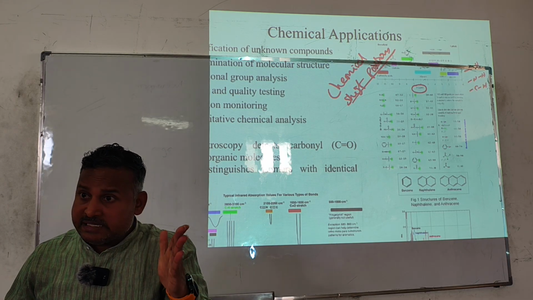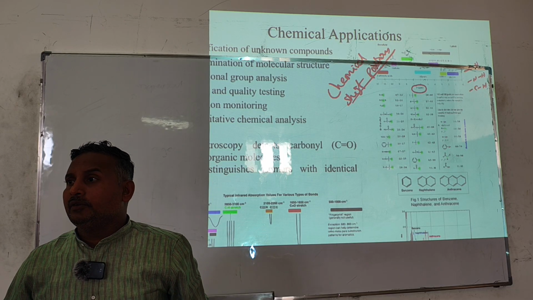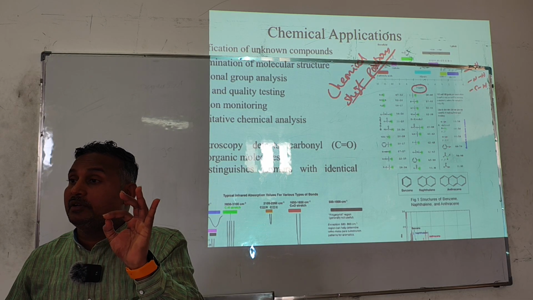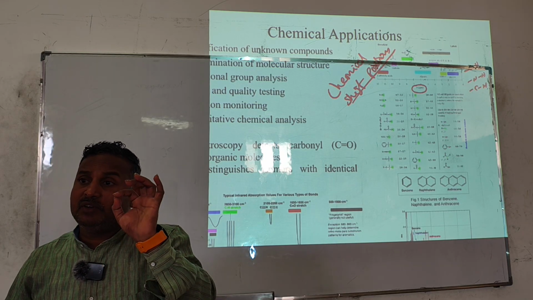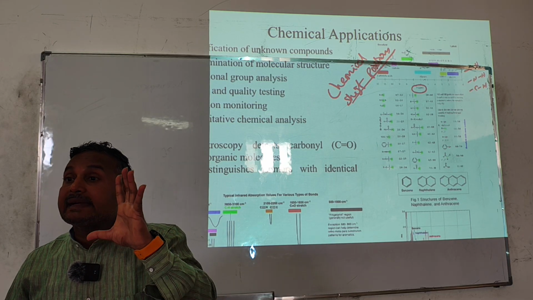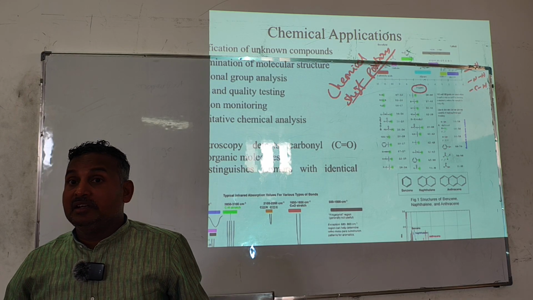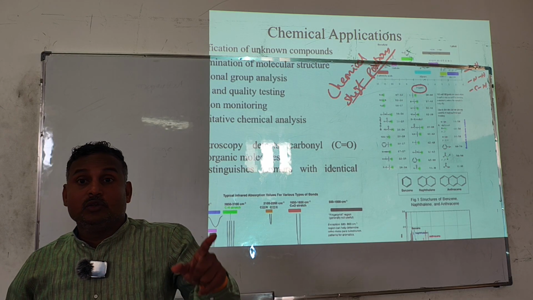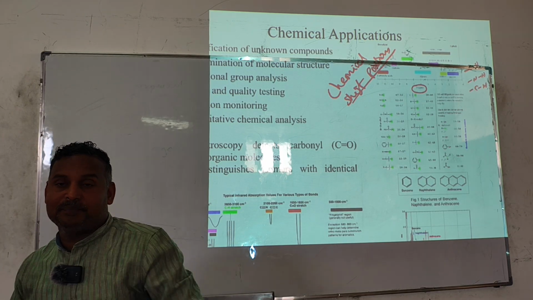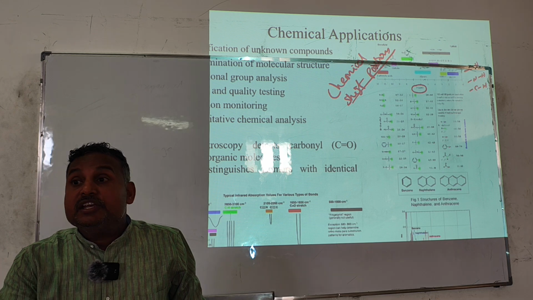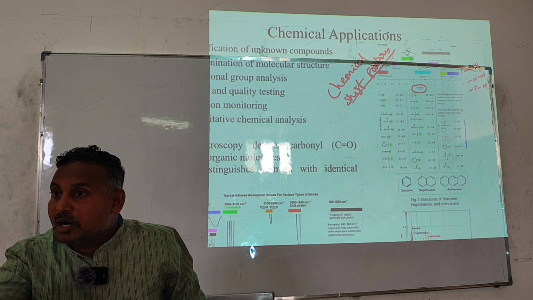Whether you are doing synthesis or natural product research, you need to confirm your final product. In order to confirm it, characterization is needed. To characterize, you must use all the spectra, not a single technique, because each technique gives different information about the compound.